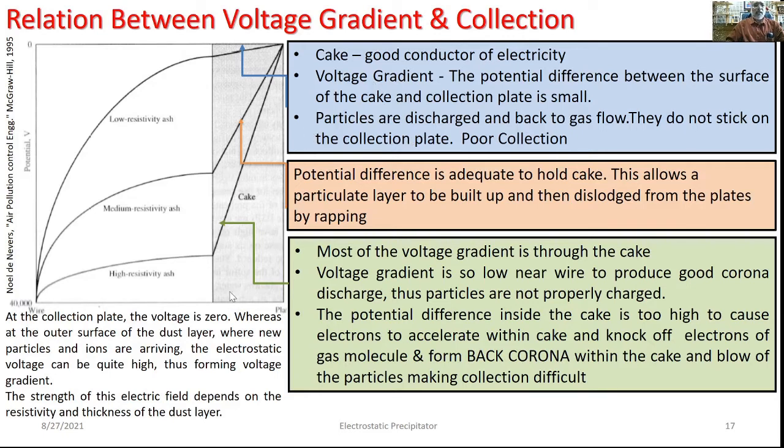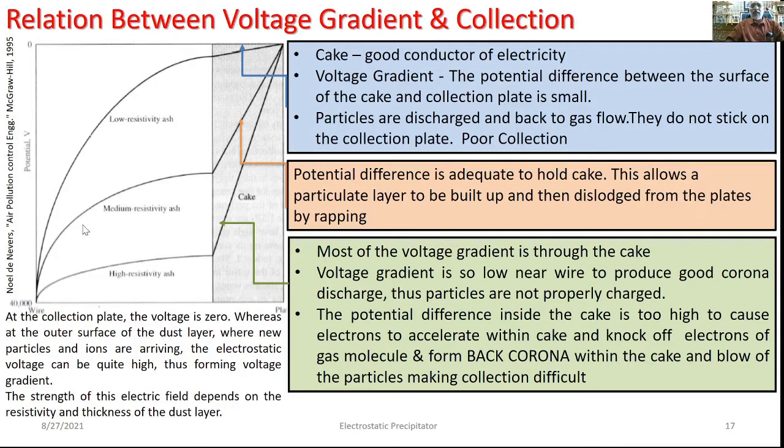Now consider the extreme other case, high resistivity particles. Here there is a very high voltage gradient through this cake. Here, the voltage gradient is so low near the wire that it does not produce a good corona discharge, and thus the particles are not properly charged.